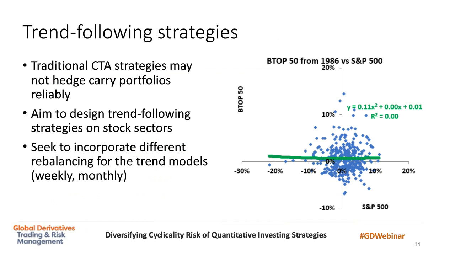So next, I consider trend following strategies. What is important, because of my particular design of these strategies, is that we are mostly trying to trade in cash stocks, large cap ETFs, fixed income ETFs.